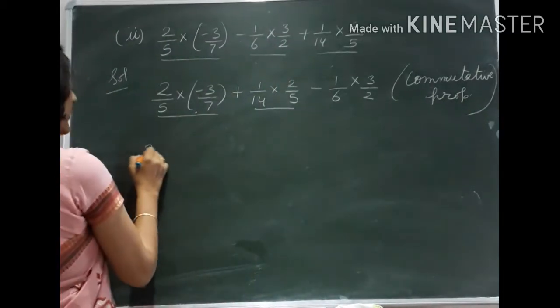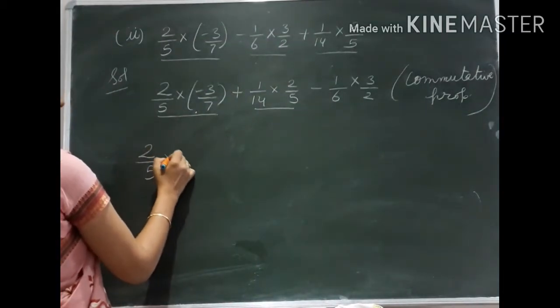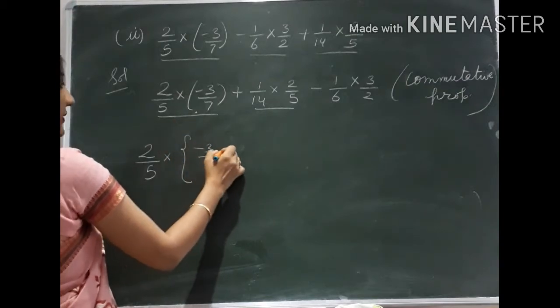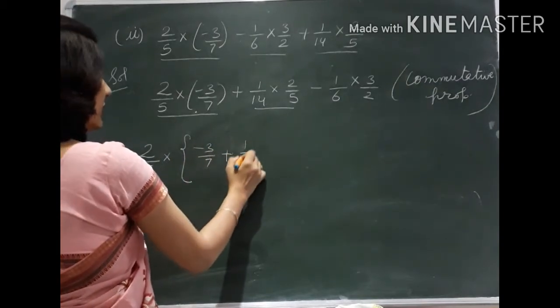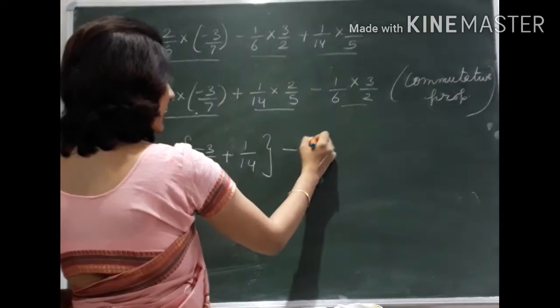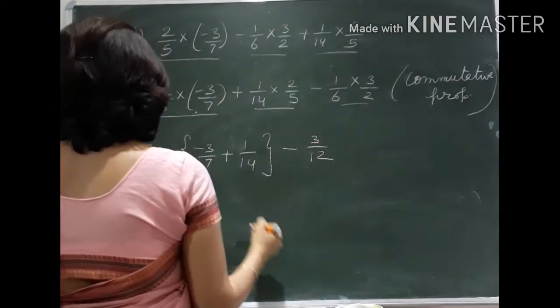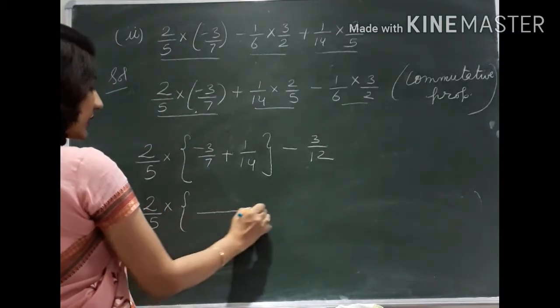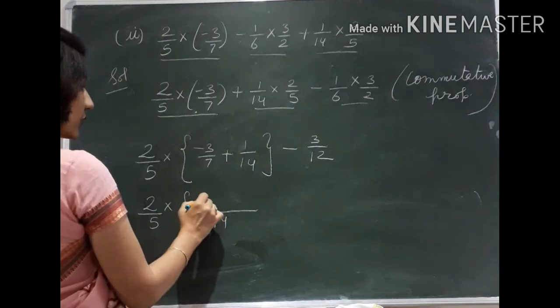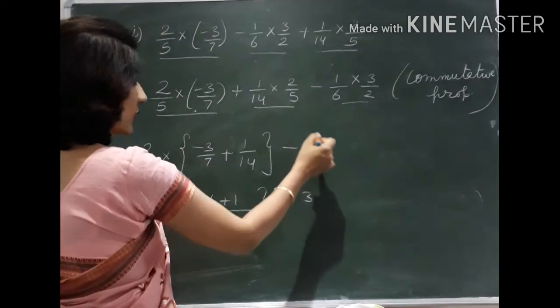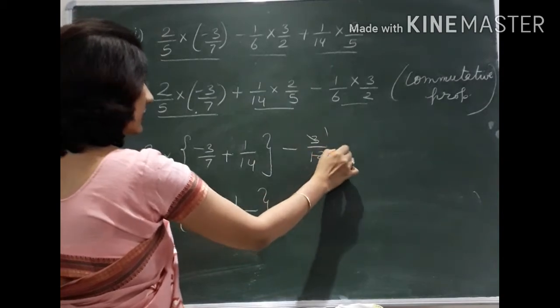Now here 2/5 is common outside the bracket, multiplied by inside the bracket -3/7 plus 1/4 minus, these two I will multiply, I will get 3/12. Now solve this bracket. 2/5 multiplied by, take the LCM 14, it will be -6 plus 1, minus 3/12. You can cancel: 3 ones are 3, 3 fours are 12.